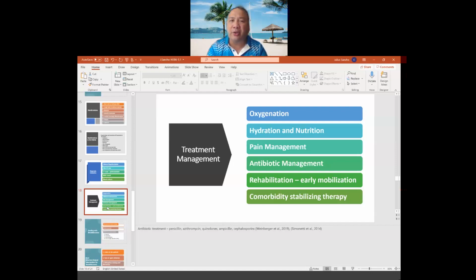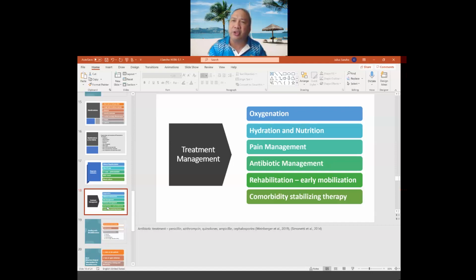And another treatment management, which is very important, is comorbidity stabilization therapy. As we all know, a lot of our residents in the facility have comorbidities, like for example COPD. They could have CHF. They could have Parkinson's. They could have diabetes. So those residents with those kind of comorbidities, you also need to stabilize them, because you know what happens if the resident has pneumonia.